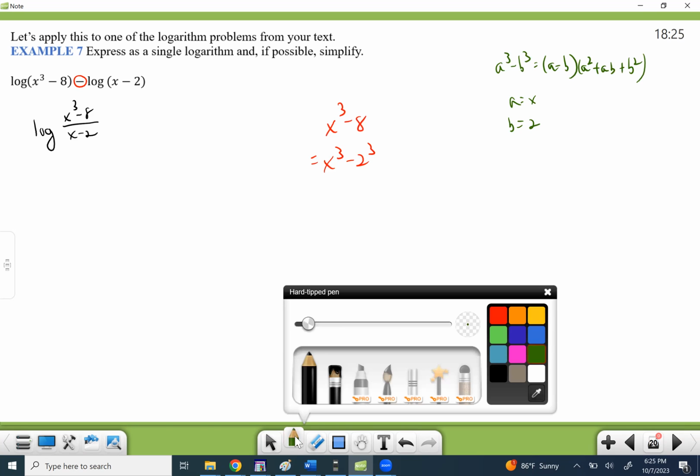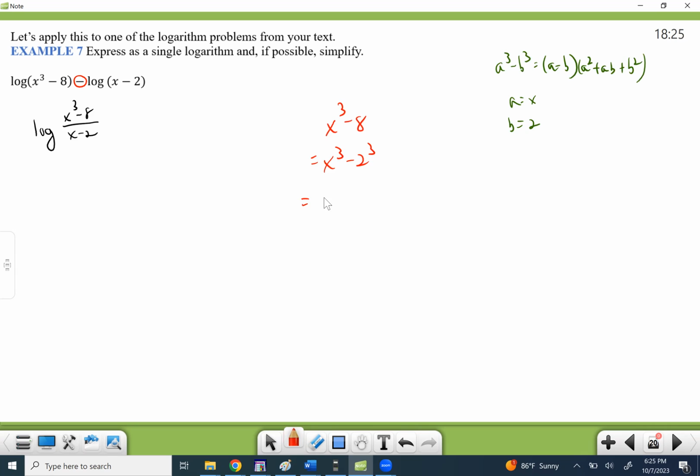So we just have to substitute it into the right-hand side. So this will become x minus 2. A squared will become x squared plus A times B plus B squared, so 2 times 2.